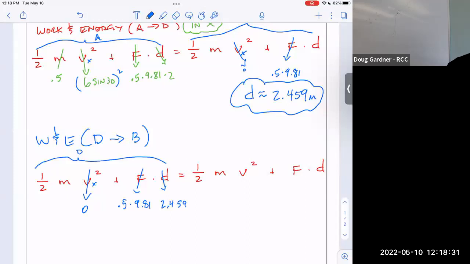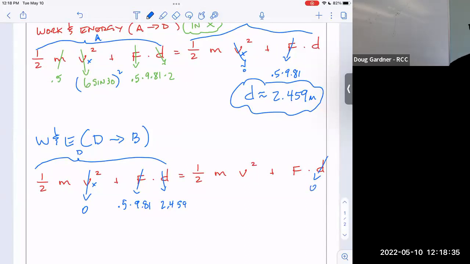So then what's happening on the other side? Do you agree that on the other side, its distance is actually 0 because it hit the ground? I know the mass, it hasn't changed, 0.5 times 9.81. So then that's going to give me the velocity of X when it lands. And I could go in here and say this is at B and this is at D.